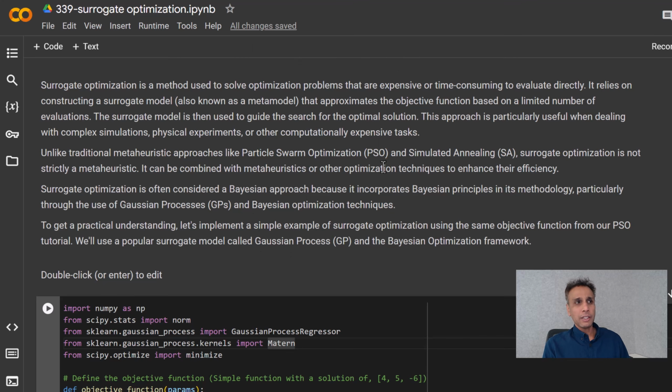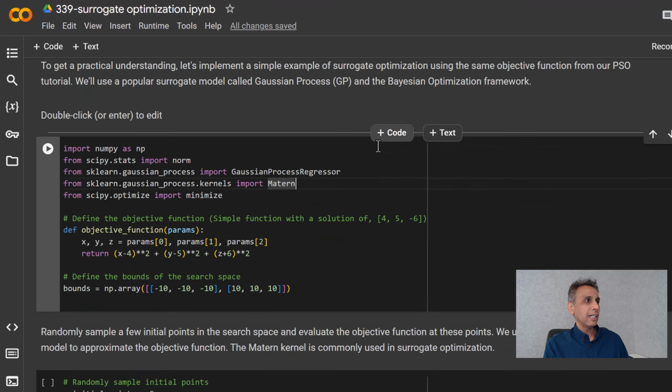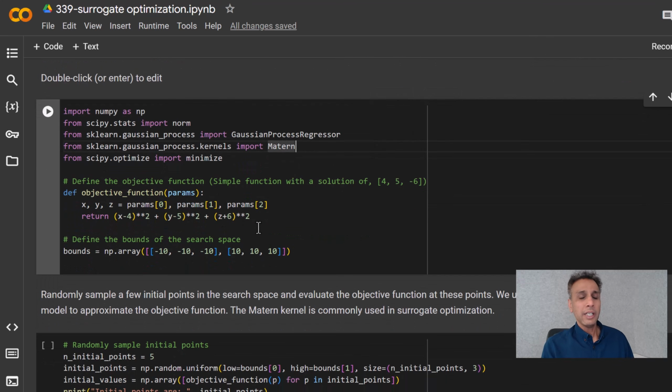All the stuff that I just talked about, I just added up here, but let's go ahead and look at the first part. This part is exactly the same as the last few videos where we just imported some libraries and we defined our objective function. In our case, the objective function is nothing but (x minus 4) squared plus (y minus 5) squared plus (z plus 6) squared.